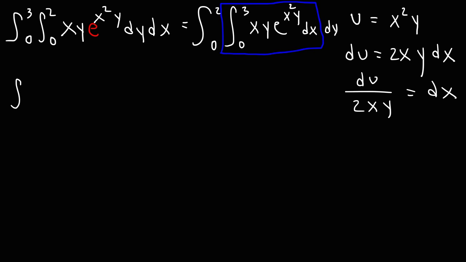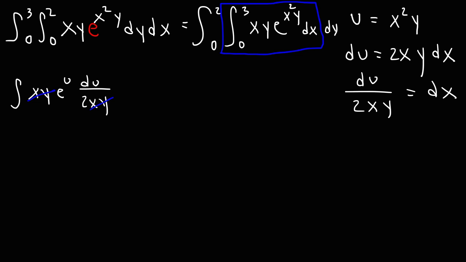So we now have the integral of xy and then e to the u. Now we're going to replace dx with what we have here. That's du over 2xy. And so we can cross out xy, and we need to change those values.